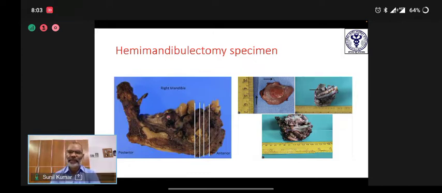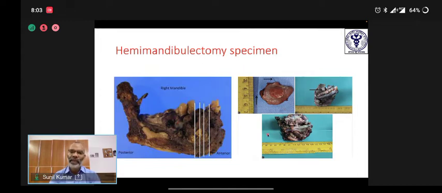Here is the hemimandibulectomy, because here you do not see the condyle, and in this one the classic hemimandibulectomy is appearing, and you can also see a growth which is infiltrating the surrounding margins. You have to comment about what type of mandibulectomy has been done. You should be aware whether this is classic hemimandibulectomy or arch preserving or segmental mandibulectomy.